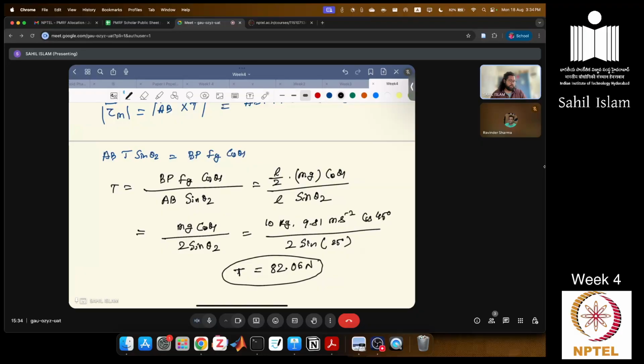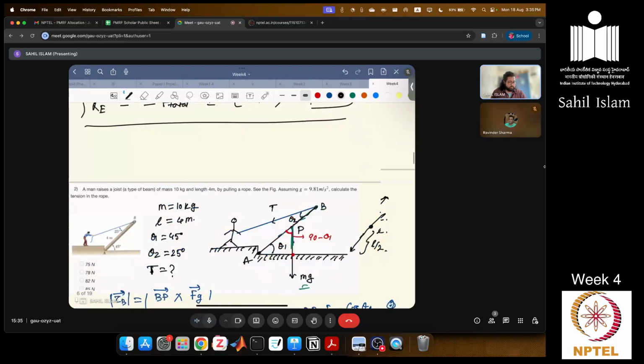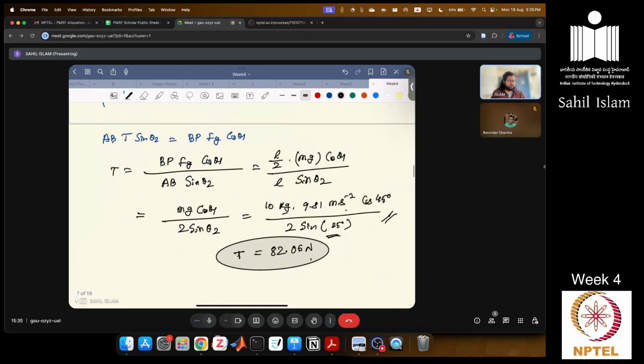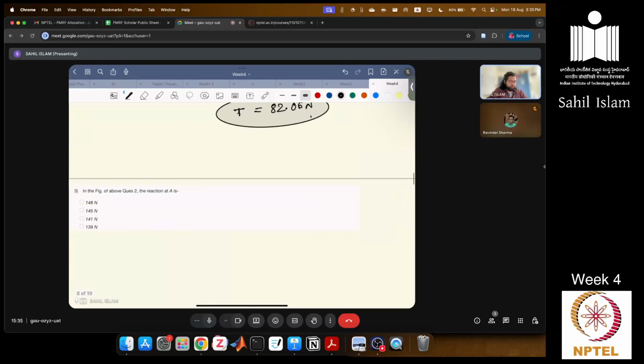I have already calculated it beforehand, so you can verify it. If you find this, you get kg meter per second square, which is Newton, and if you put sine 25 degree and everything, you get 82.06, which means this is your answer.